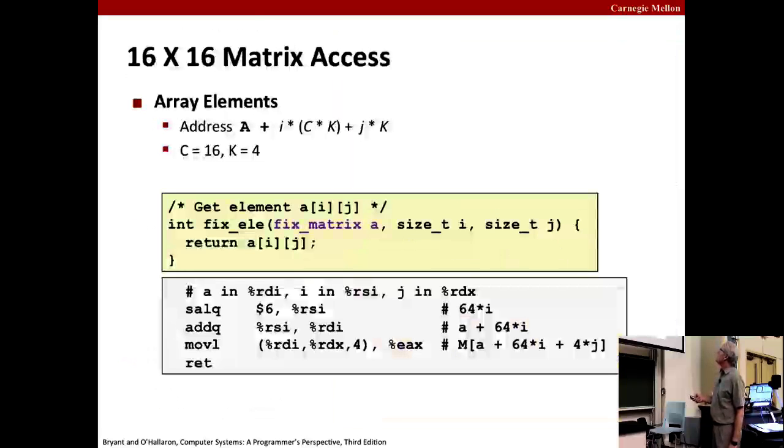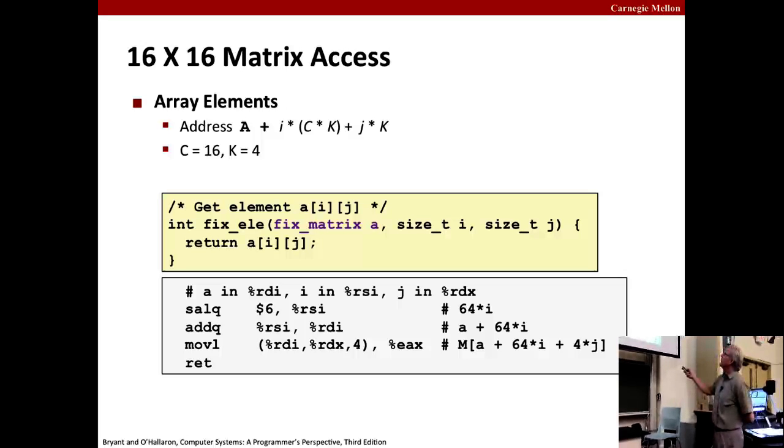So let's just look at some of these code examples. And again, this will show you an example of the kind of address computation that takes place with a two-dimensional array. In this case, I know C is 16 and K is 4. So if I want to get element ij out of this array, then first of all, I'll scale i by 64 and add that to the base.